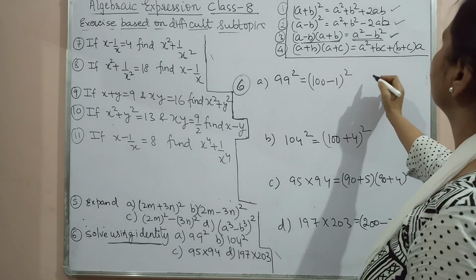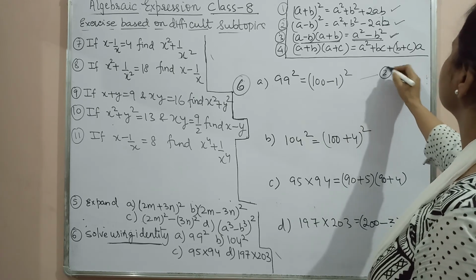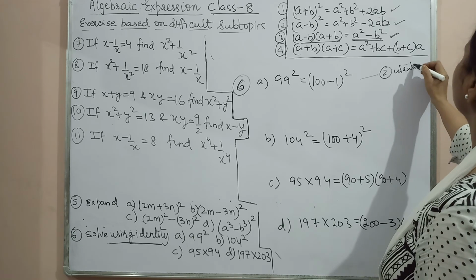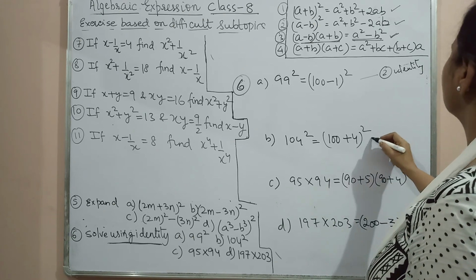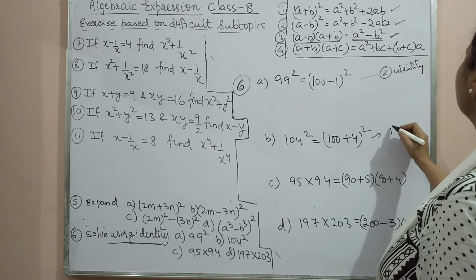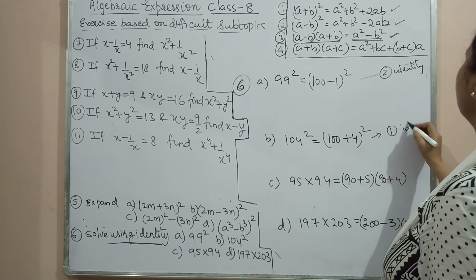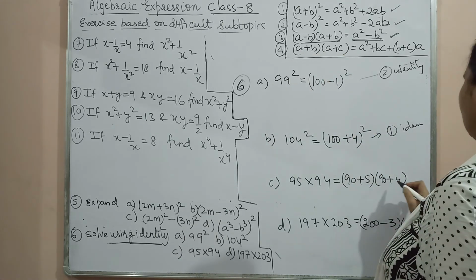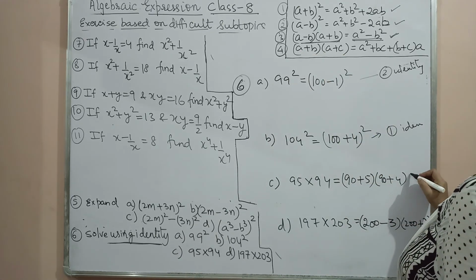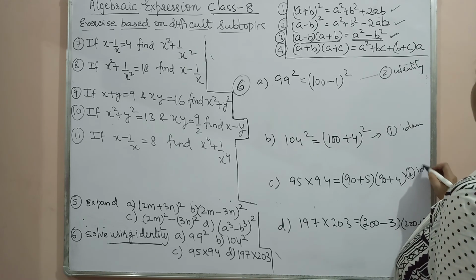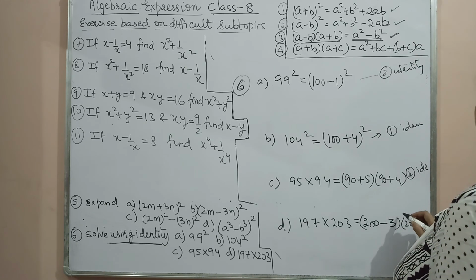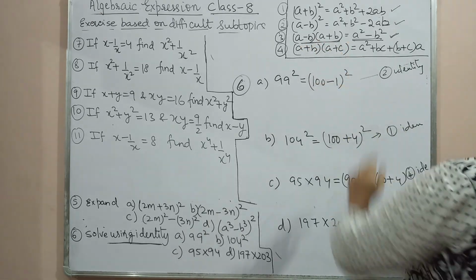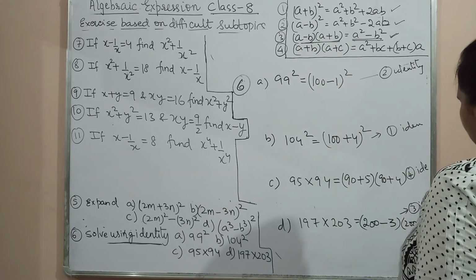This one is our second identity. We have to use the first identity here. This is a plus b into a plus c, so this is our fourth identity, and this, a minus b into a plus b, is our third identity.